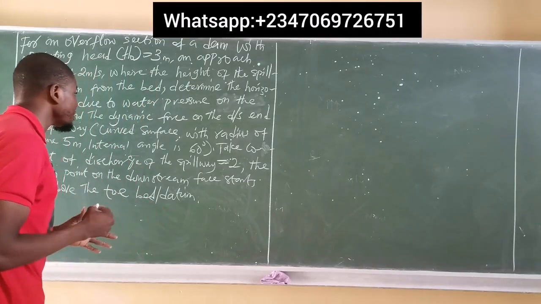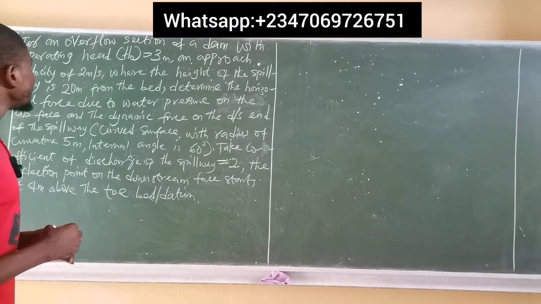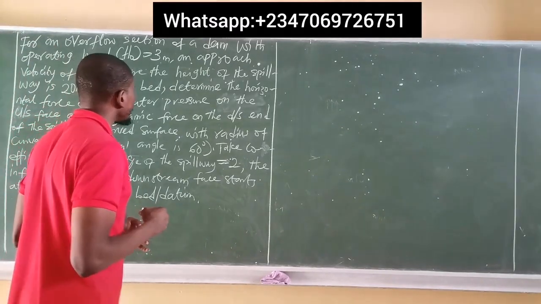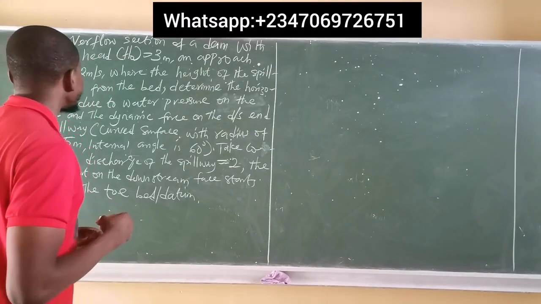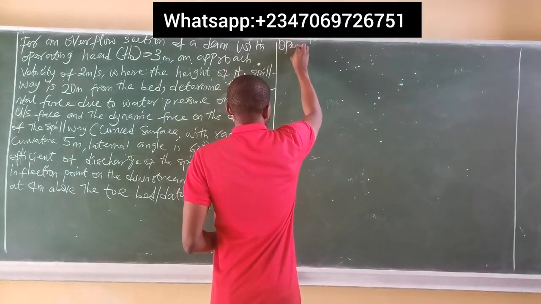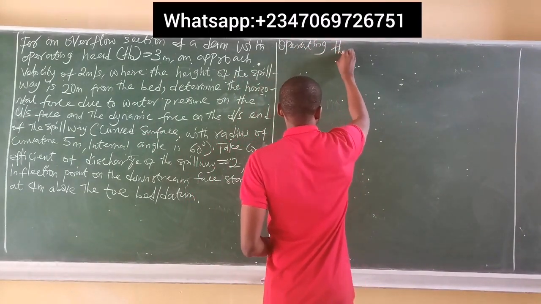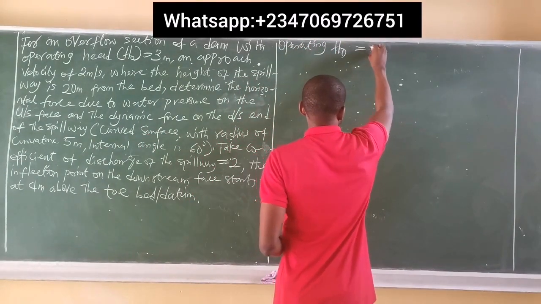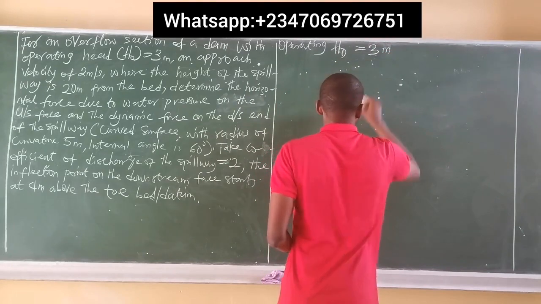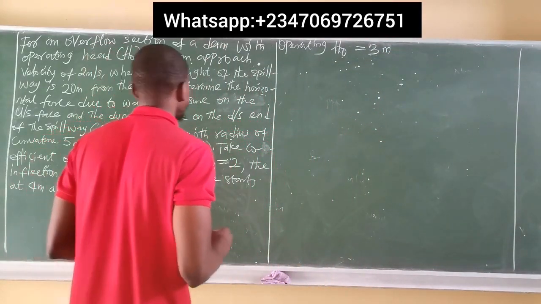Alright, so we're given this question. Let's pick out the parameters that were given to us. First of all, they said an overflow section of a dam with operating head. So we have an operating head, simply called HO, which is equal to 3 meters, and an approach velocity of 2 meters per second.